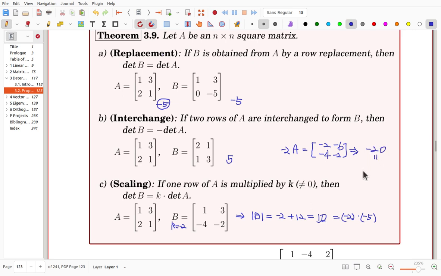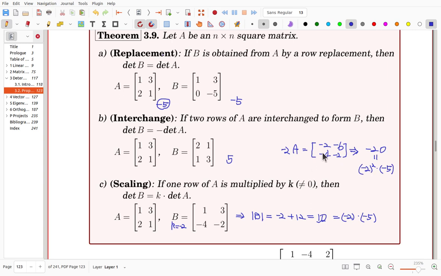That can be written as minus 2 squared times minus 5. Minus 5 is the determinant of A, and minus 2 is k, squared.